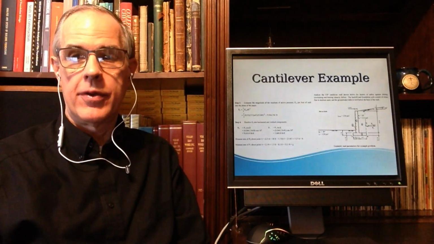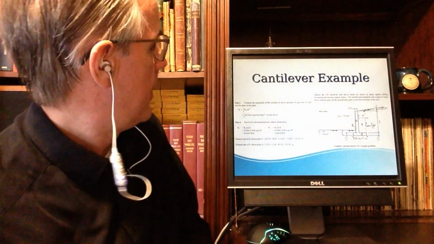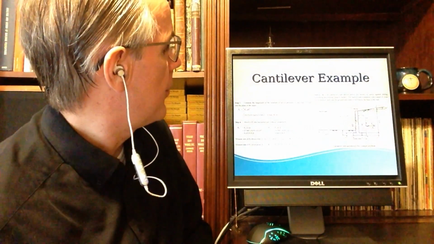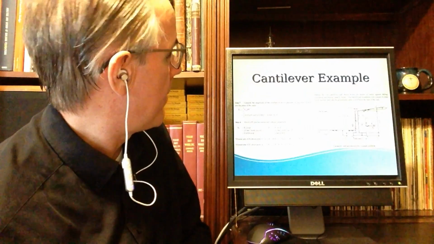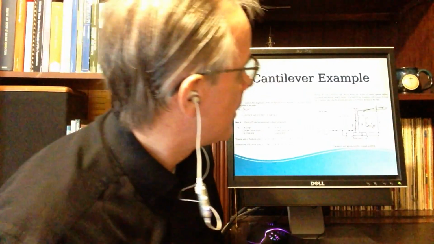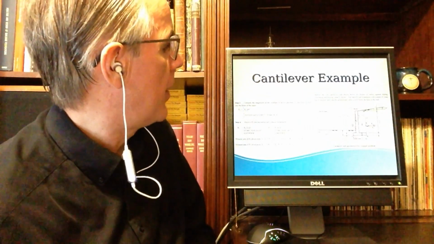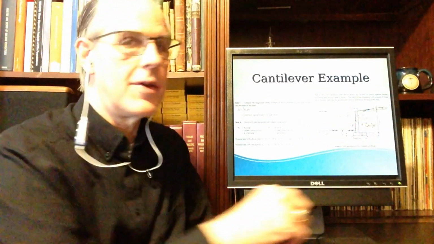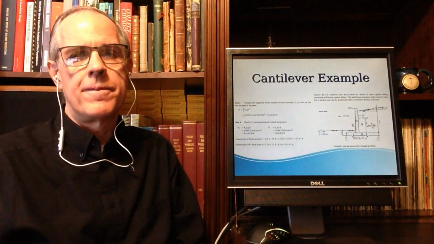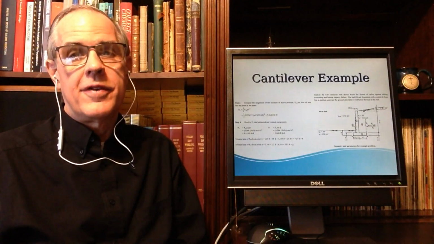Now we go to the next step: compute the magnitude of the resultant active pressure per foot of wall into the plane of the paper. In other words, we want to know the active pressure per foot of wall, the resultant. When they say the resultant, that's a little confusing. The resultant is a force.